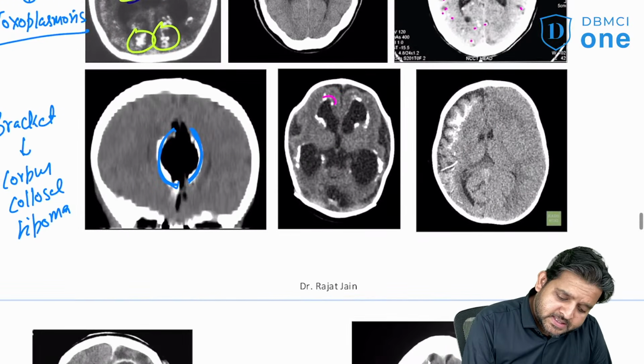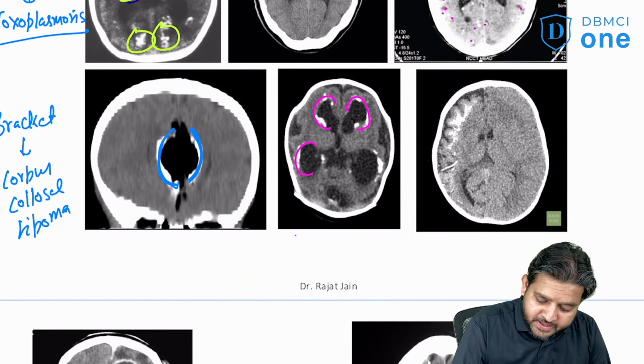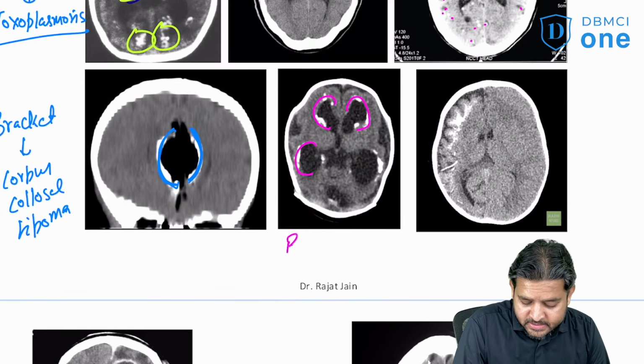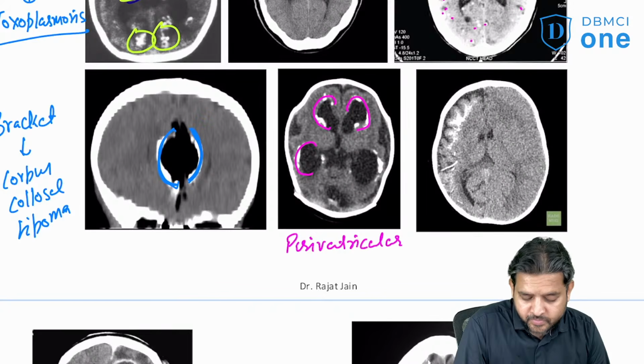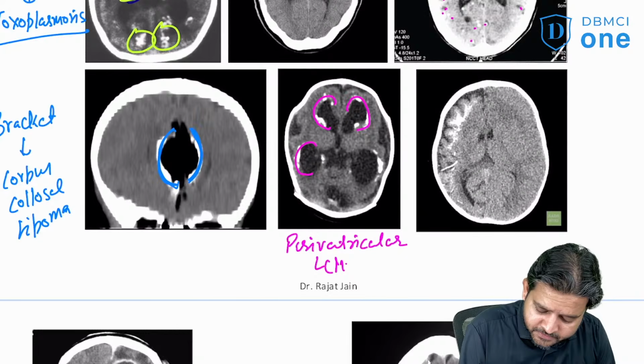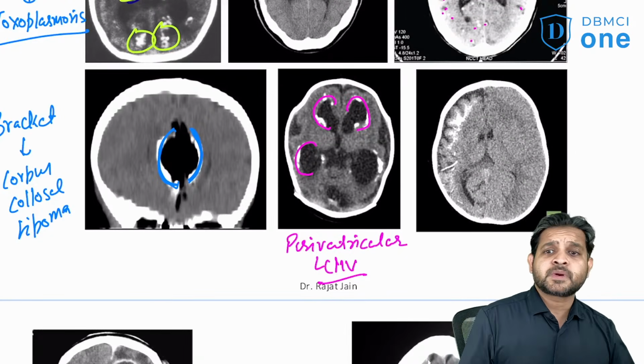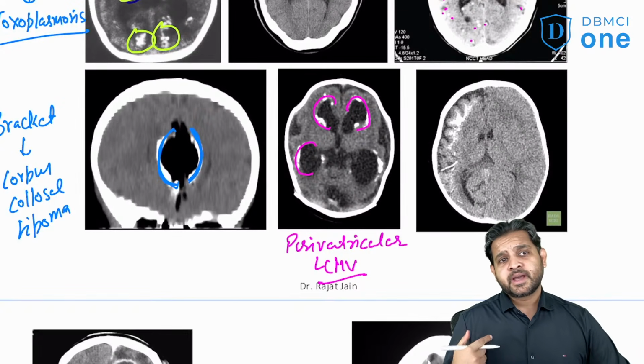Now, if you see calcification along the ventricular lining, this is called periventricular pattern, and periventricular pattern is a feature of CMV, right? So diffuse nodular in toxoplasmosis, periventricular in CMV.